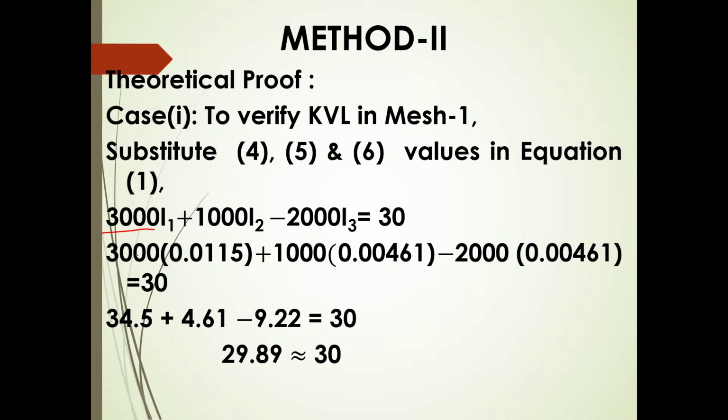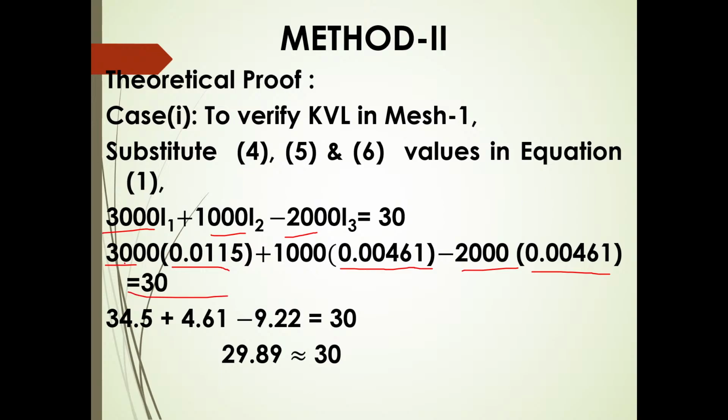So 3000 into I1 is 0.0115, plus 1000 into I2, the I2 value is 0.00461, minus 2000 into the I3 value, 0.00461, equal to 30.